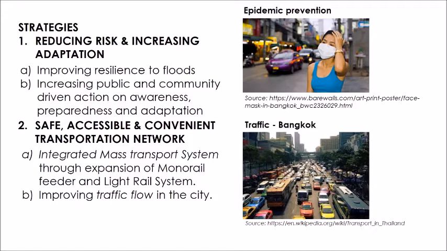How did they strategize? They tried to reduce risk and increase adaptation, improve resilience to floods, and increase public and community driven action on awareness, preparedness and adaptation. The strategy was to provide a safe, accessible and convenient transportation network through a mass rapid transit system, that is monorail and light rail, and to improve traffic flow in the city.